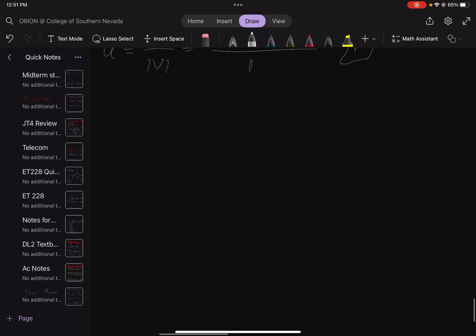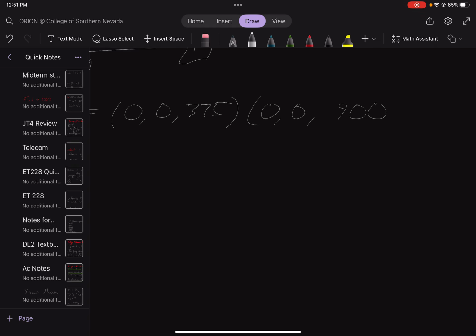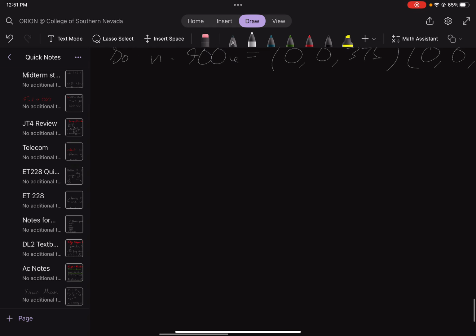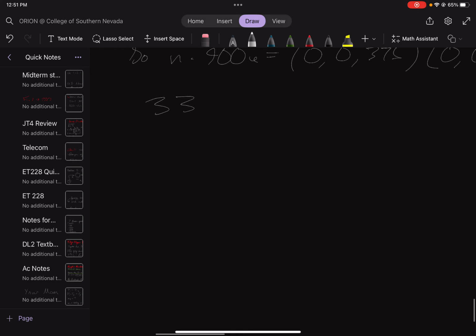So our unit vector is 1. So now it equals 375, and then we put 900 in the vector of u, 0, 0, 900, and that equals 37,500 watts.